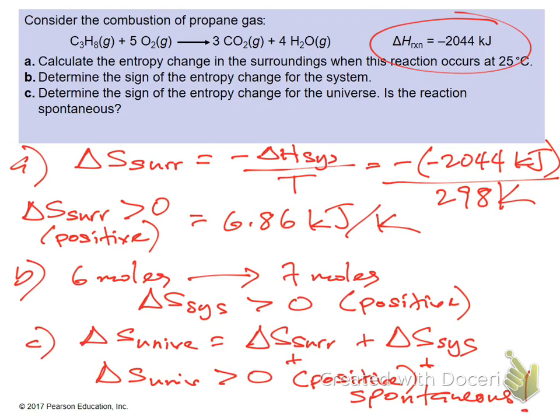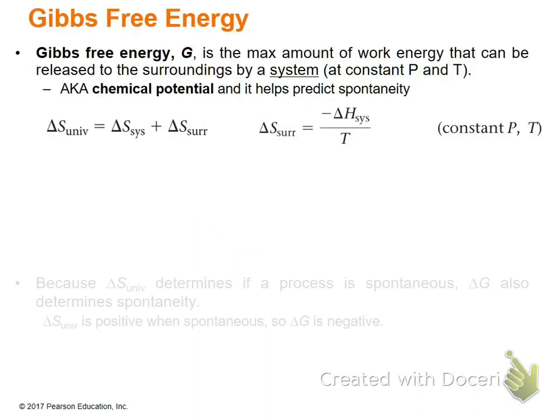All right, so that's basically where we left off last time. Today we're going to learn about a new concept called Gibbs free energy. This is a free energy because it is the maximum amount of work energy available that can be released to the surroundings by a system, at constant pressure and temperature.